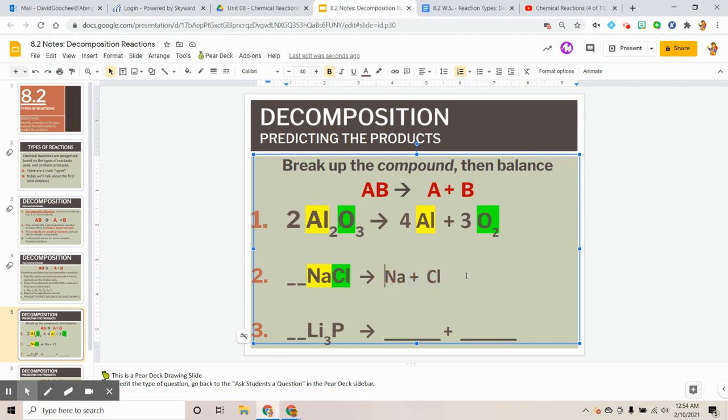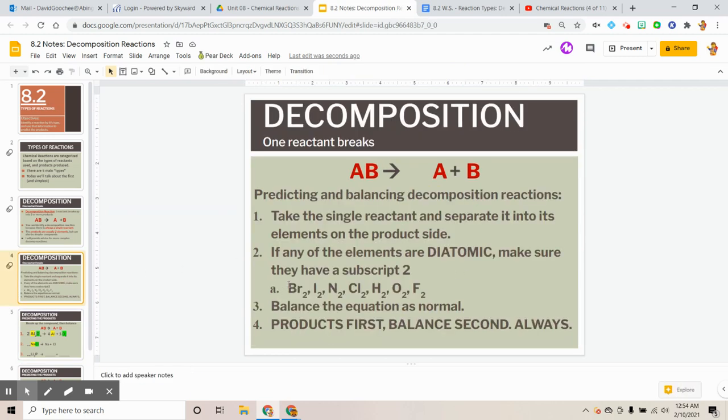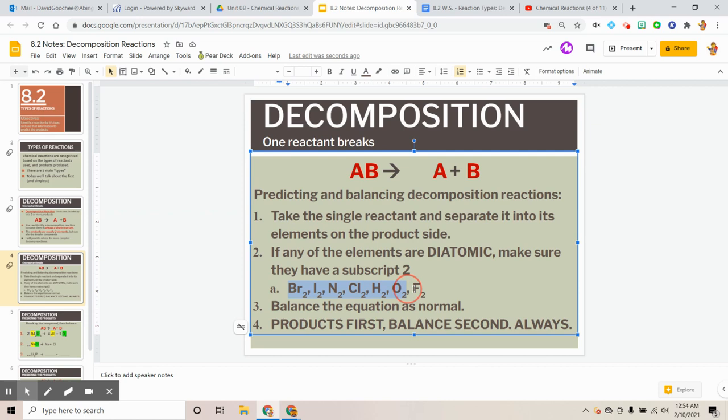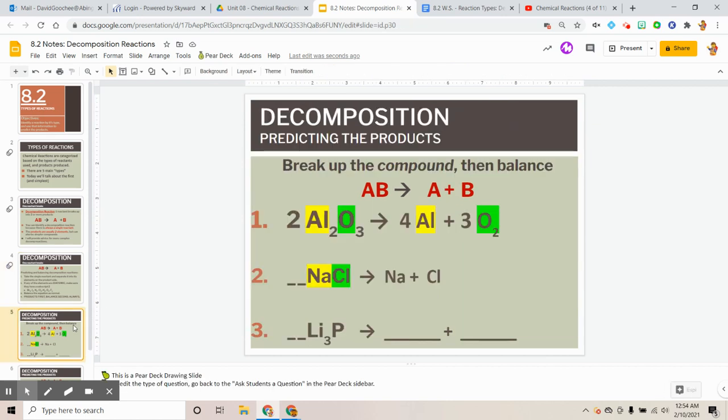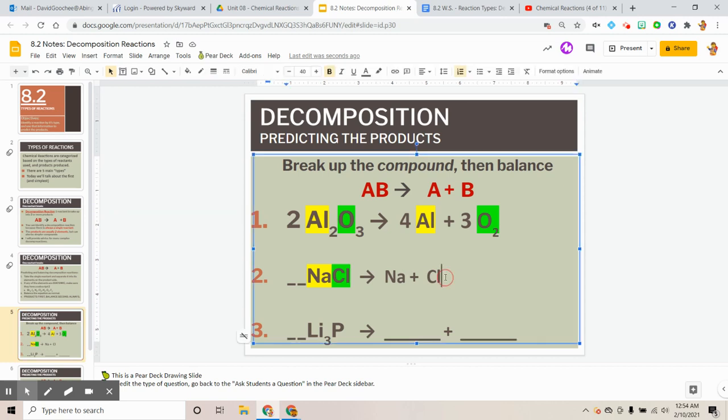Na, sodium, or Cl, chlorine. Let me take a look. Na is not one of the diatomics, but Cl is, chlorine is. So this breaks down, it's not going to form Na and Cl, it's going to form Na and Cl2. Okay? Those are the 2 products that are produced.